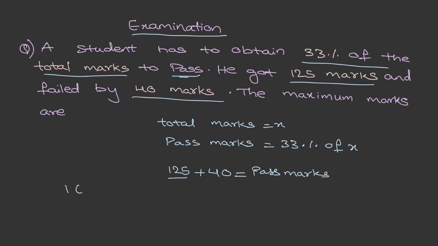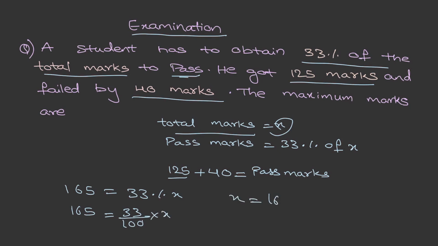So, 165 is equals to 33% of X. And they've asked us to find the total marks, that is X. 165 is equals to 33%, that is 33 by 100 into X. X is given by 165 into 100 by 33.